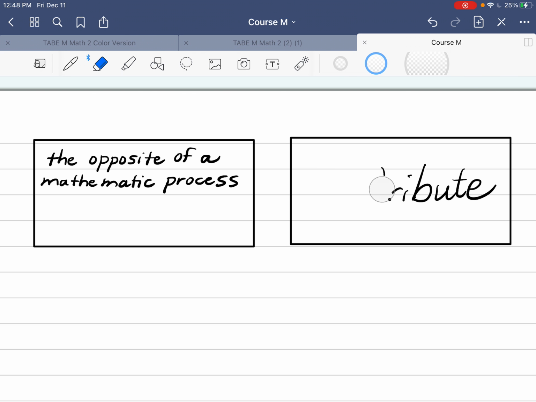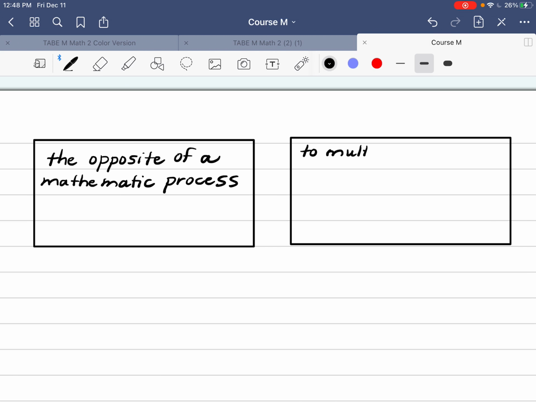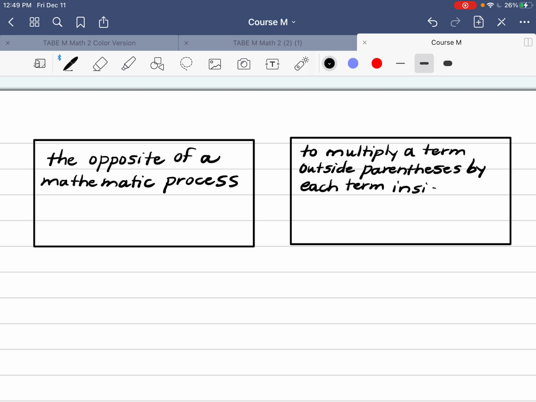And distribute, we've already talked about distribution in a previous video, but we need to add this term. Distribute means to multiply a term outside parentheses by each term inside the parentheses.